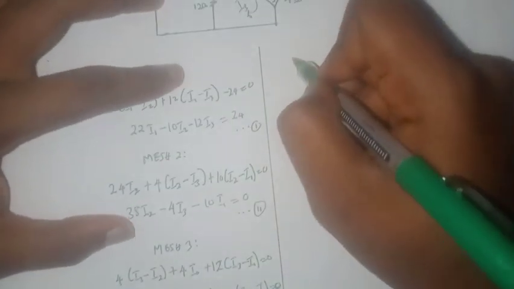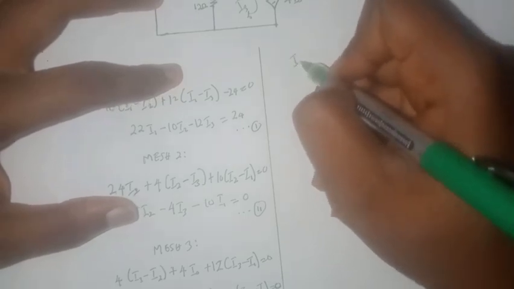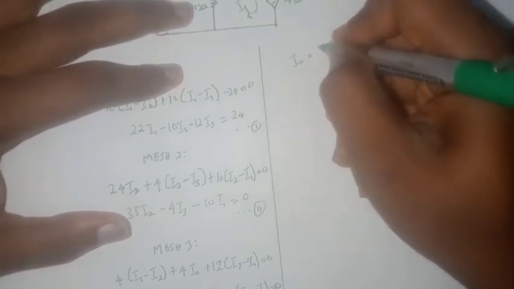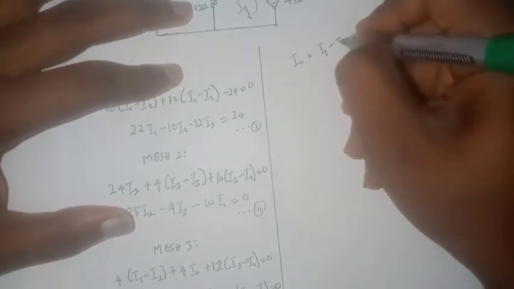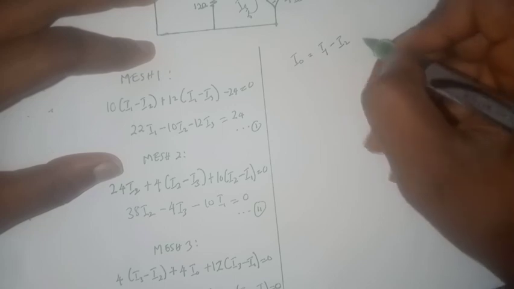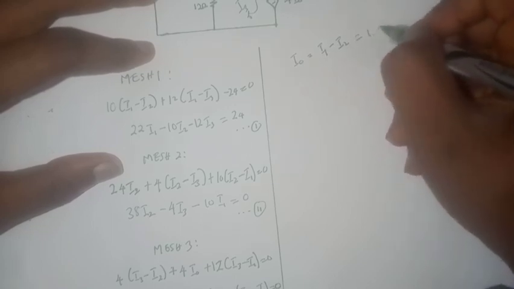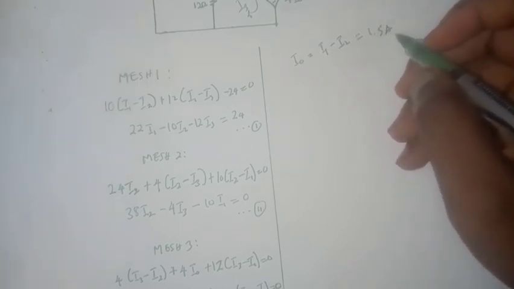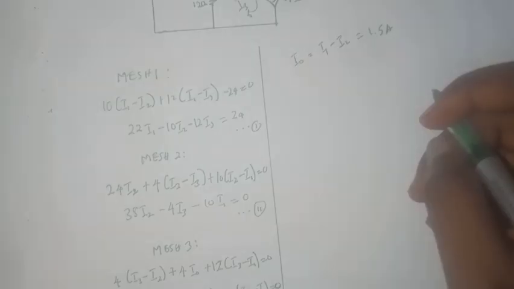Now we can proceed to find the value of I naught, which is the original question we were asked. I naught would be I1 minus I2, which equals 1.5 amperes.